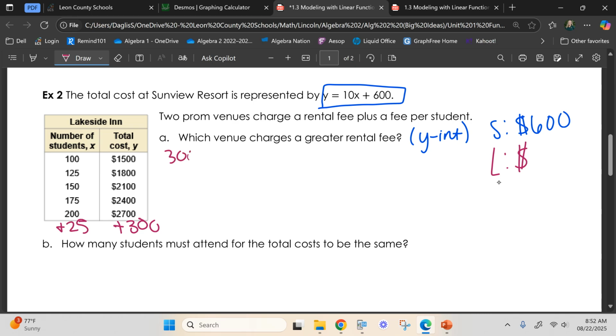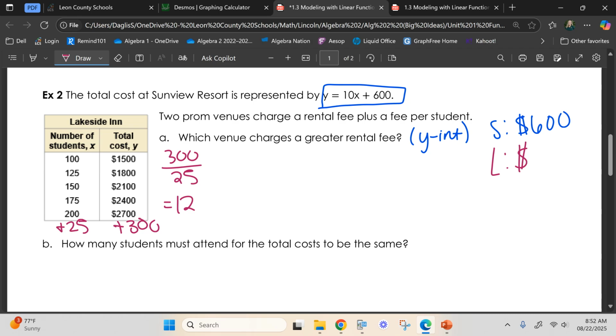So if I do 300 divided by 25, what is the cost per student? 12. Okay, this is my slope though. This is not my venue. That would be nice if it cost $12, but it doesn't. So it costs $12 per student to be at the venue.